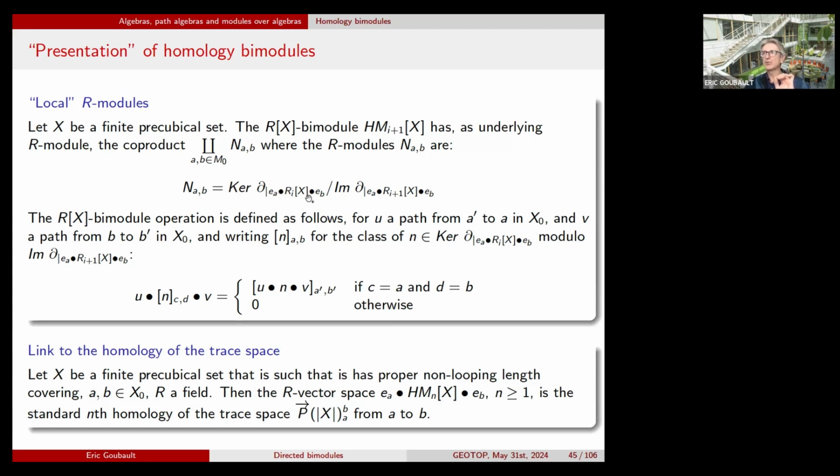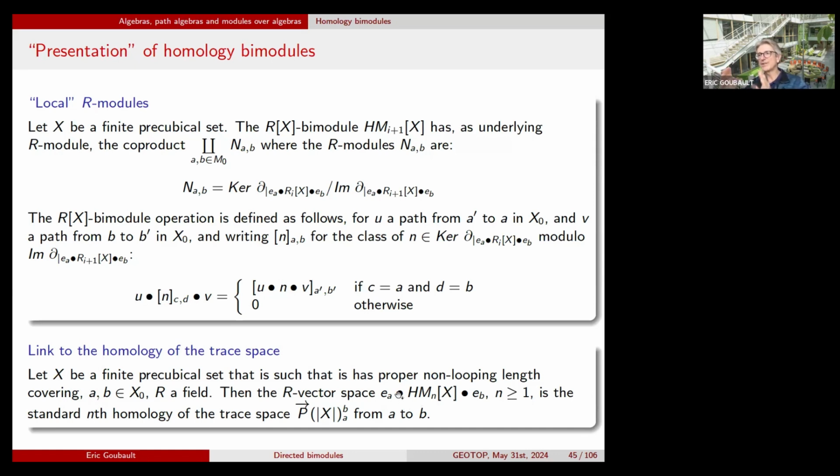And it will give you the R submodule of I-cube chains from A to B. So it's some kind of localization mechanism, and this localization for each AB gives you exactly what Krzysztof Szymanski has been constructing. So it exactly constructs the R module view of things.